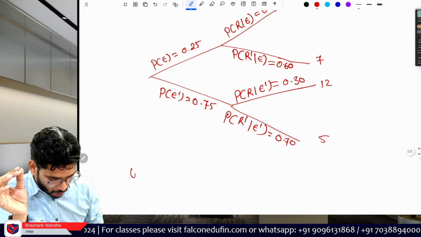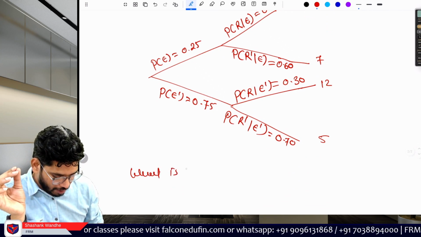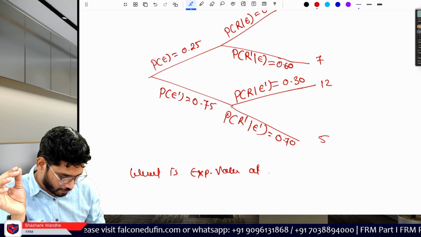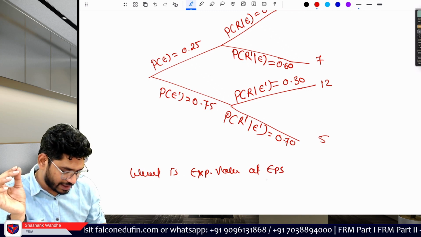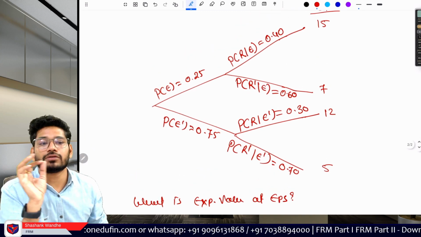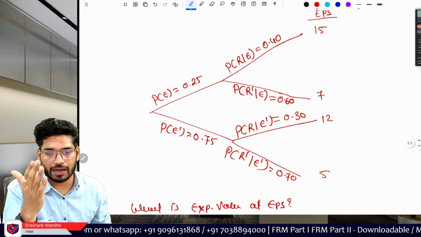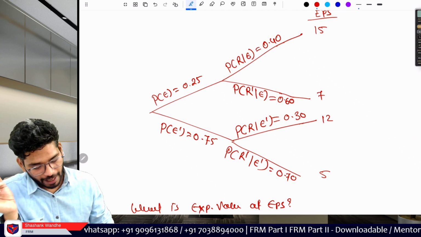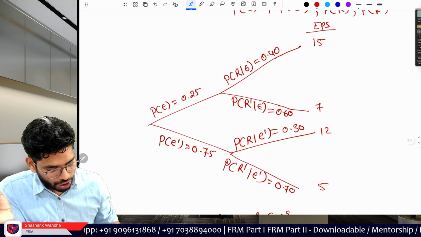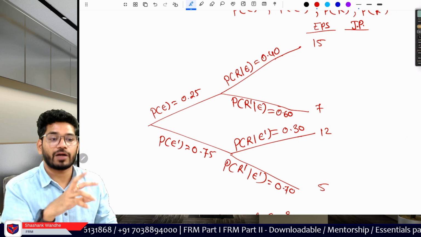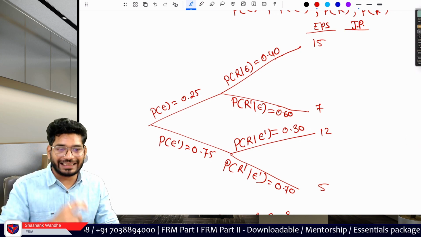Now the question is, what is the expected value of EPS, or simply what is the expected EPS? Now to do this calculation, to calculate the expected EPS, you have to first calculate the joint probability, and then multiply it with the EPS value and then take the total.